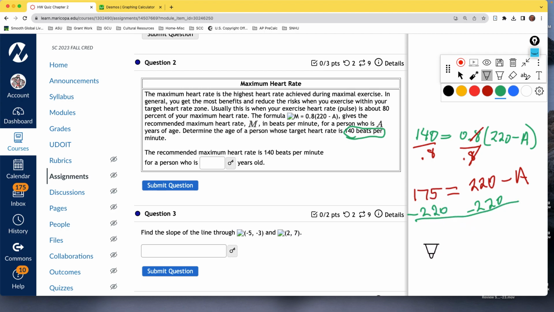So we get negative 45 equals negative A. And then remember that the negative in front of the A is like a negative 1. So we divide both sides by negative 1, because who could be negative 45 years old? And then A is equal to 45. So the age of this person is 45 years old.